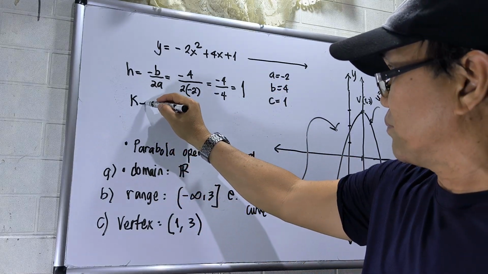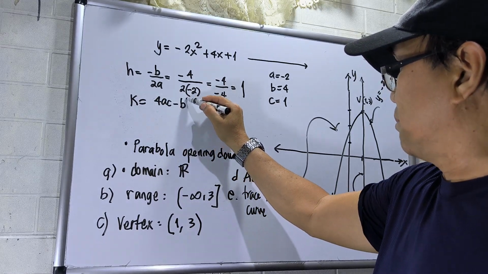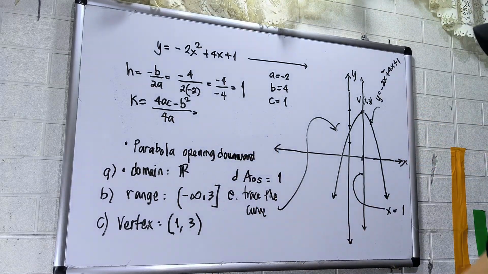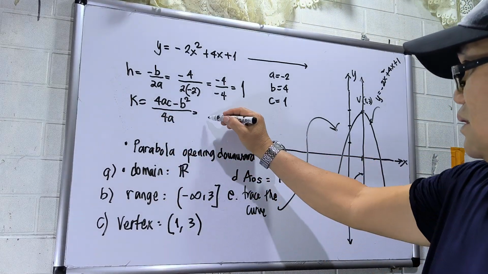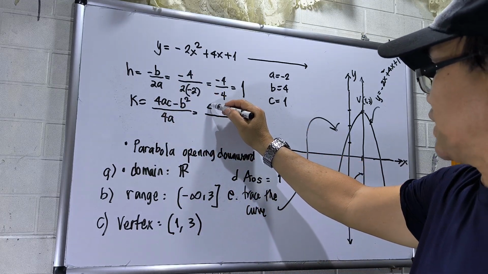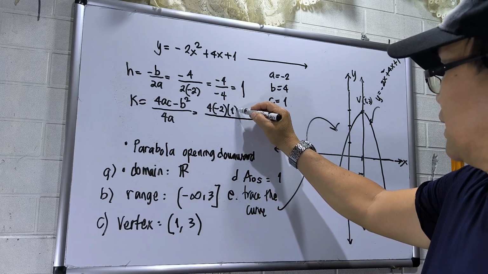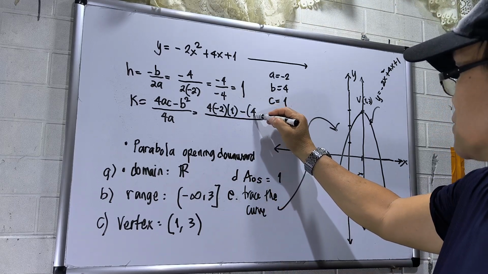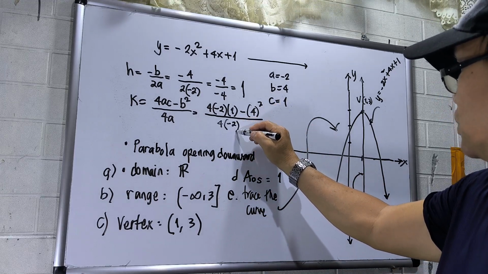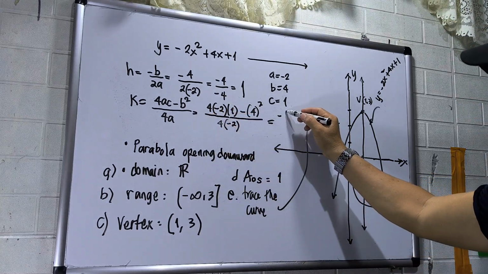How about the k? So k is 4ac minus b squared all over 4a. Okay, plug in a, b, c in the k formula. So this will be 4 times a, negative 2, and then times c, 1, then minus b squared, which is 4 squared, and then 4 times a, negative 2, so negative 8.